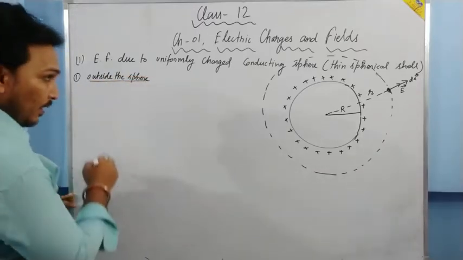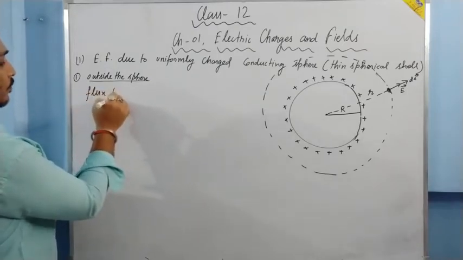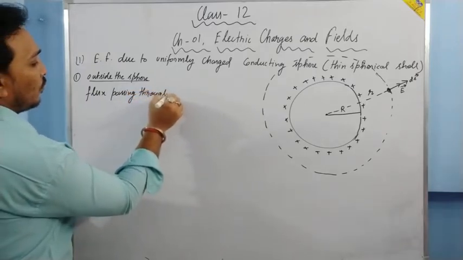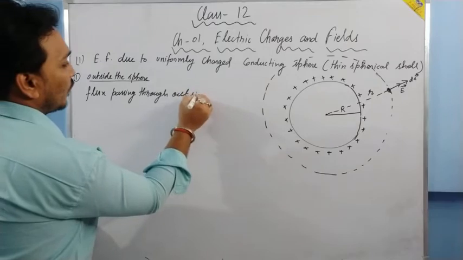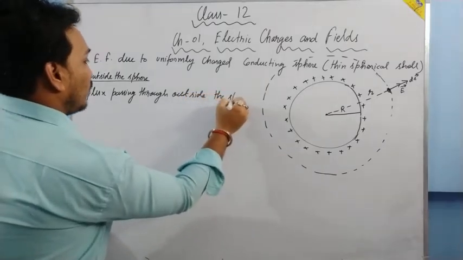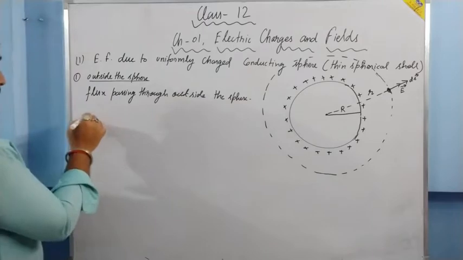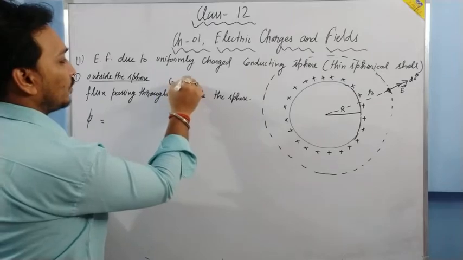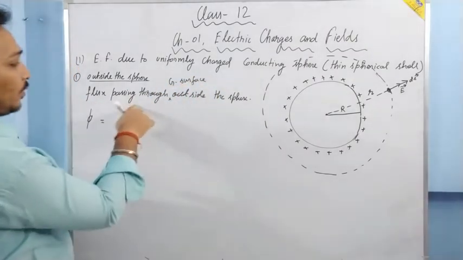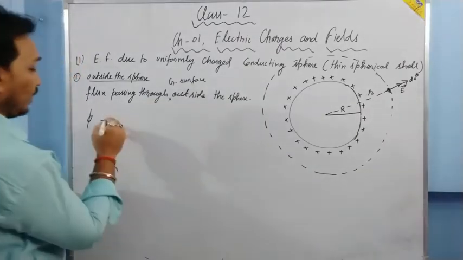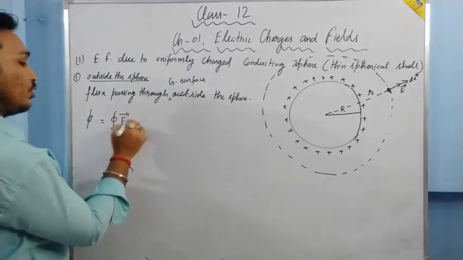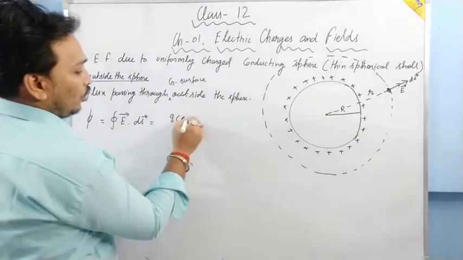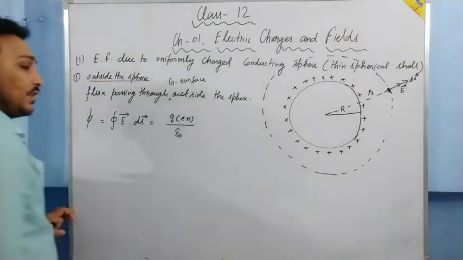Now we are calculating outside the sphere. Flux passing through the Gaussian surface outside the sphere, phi, is equal to surface integration of E vector dot dS vector, which is equal to q enclosed upon epsilon naught.